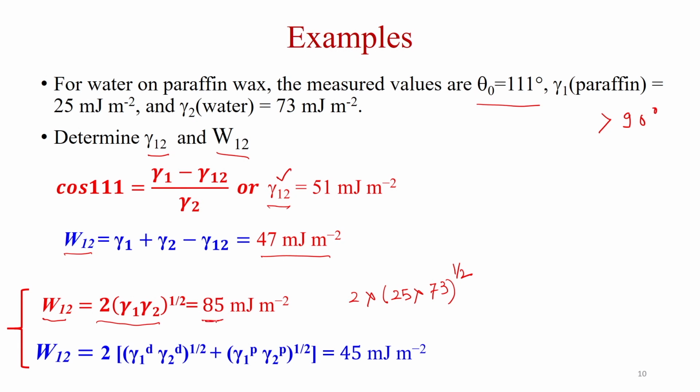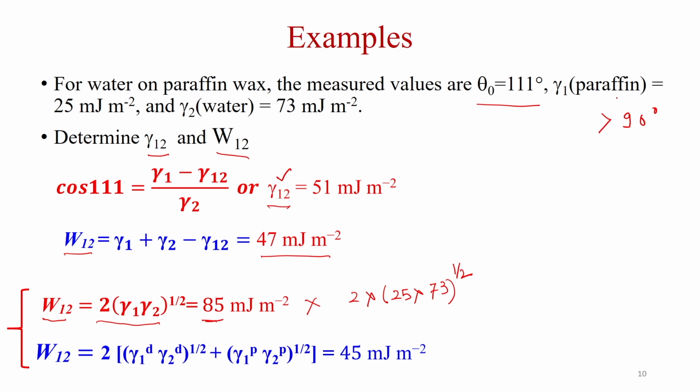Its value is coming out to 85 millijoule per meter square. So, what does it mean is it is not matching with this. So, this is incorrect. So, we have to again expand the gamma 1 and gamma 2 in terms of its polar component and dispersive component.